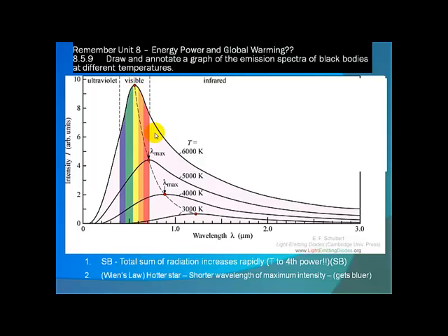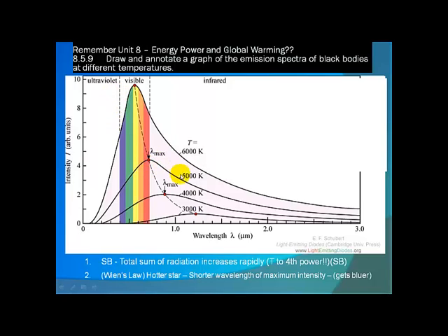It means that the area under this graph, under this one here, is going to be 16 times as much as the area under this one, because this is the intensity, this is the brightness. The second factor is, as the temperature increases, the wavelength of peak emission is going to get shorter and shorter.